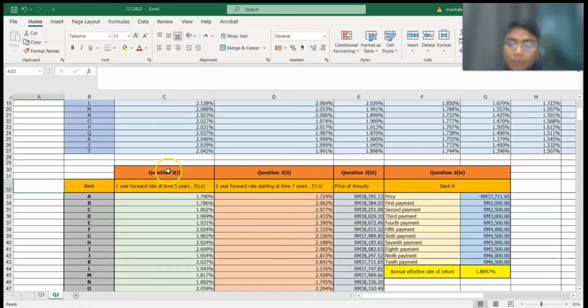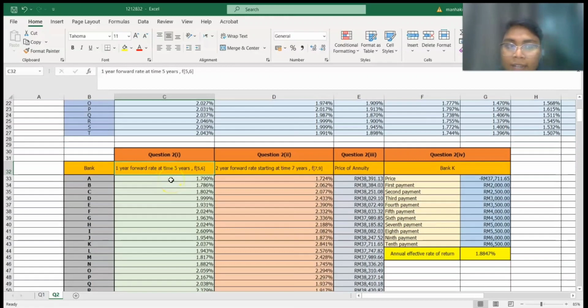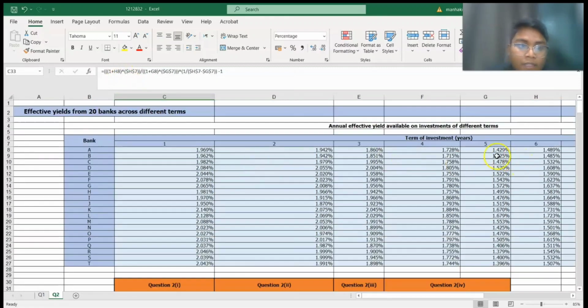For question 2i, the 1-year forward rate at time 5 years, F56, I use the formula 1 plus H8, which is here, 1.489%, to the power of H7, which is 6, divided by 1 plus G8, which is here, to the power of G7, which is 5.